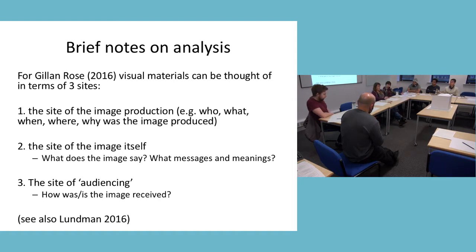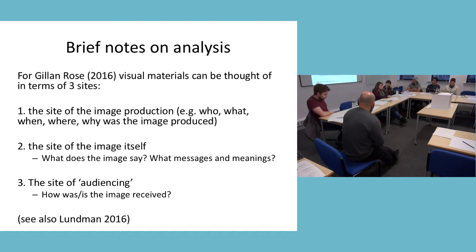Gillian Rose has a great book on visual methods, which is in the library, and she highlights 3 sites of analysis that are important when looking at visual material. And we can think about this, if you think about your own projects or any piece of visual evidence you might have collected, you might analyze them possibly from 1 or all 3 of these directions.